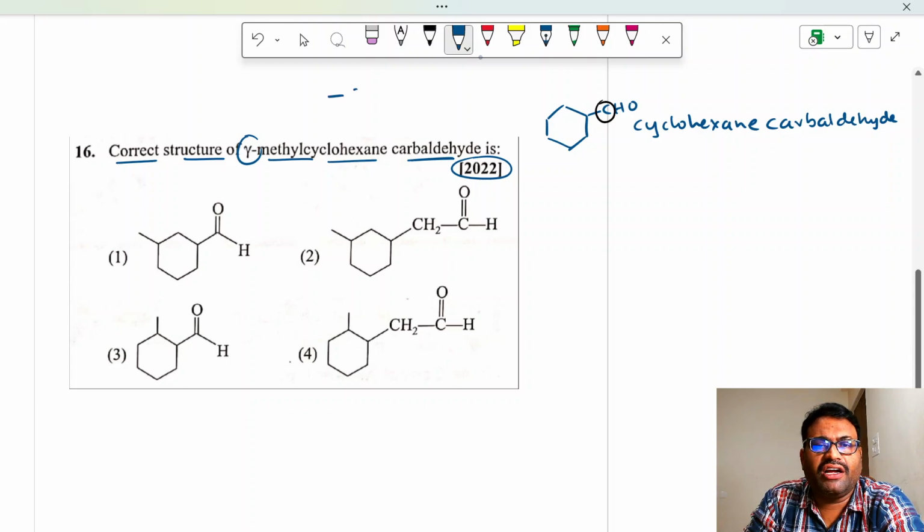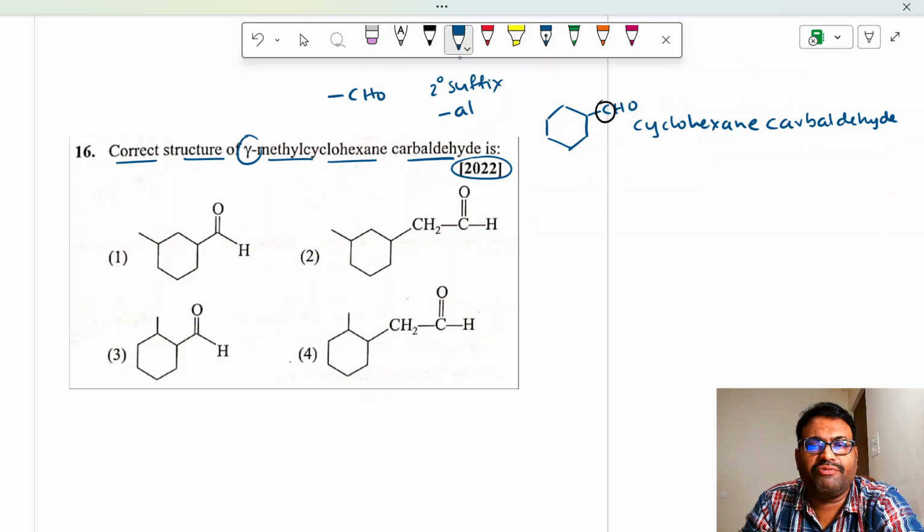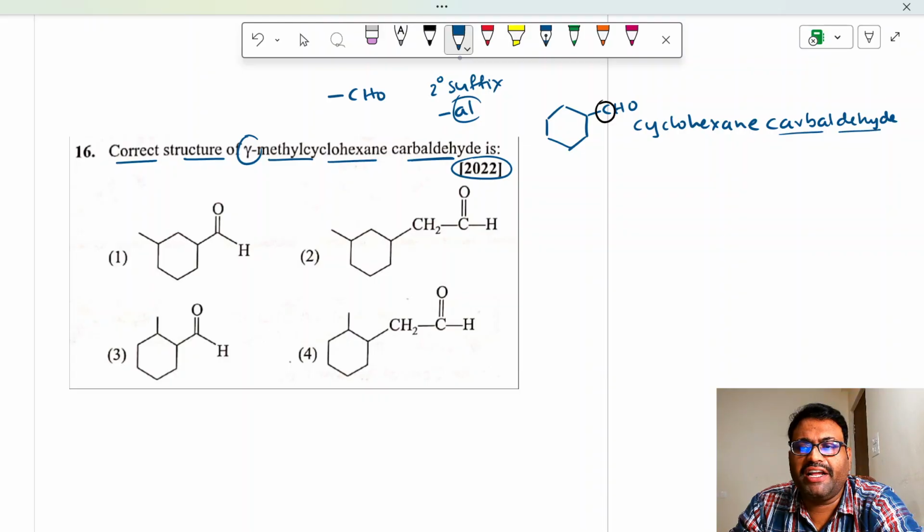Generally for aldehyde, the secondary suffix used is al, but we are not using al here. We are using carbaldehyde completely. Why? This carbon is not coming into the parent chain. So the name will be cyclohexane carbaldehyde.